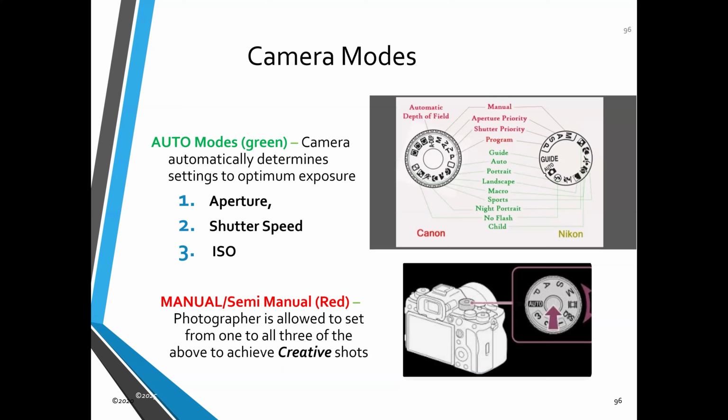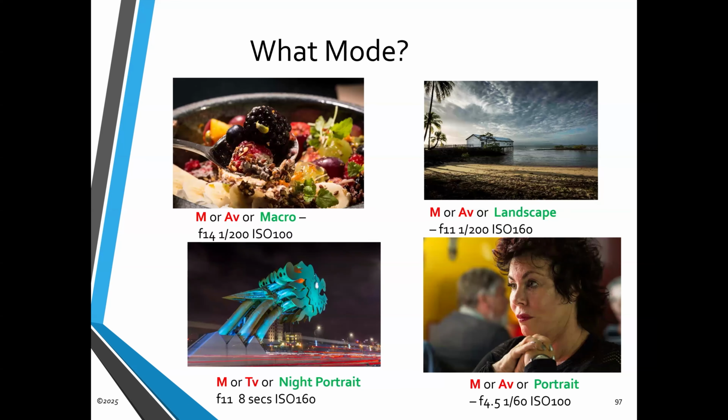So I'm going to tell you about manual mode this week, and it's this M on your mode button. You just switch it around to shoot on M, and once you're there, you get to choose the aperture, the shutter speed, and the ISO.